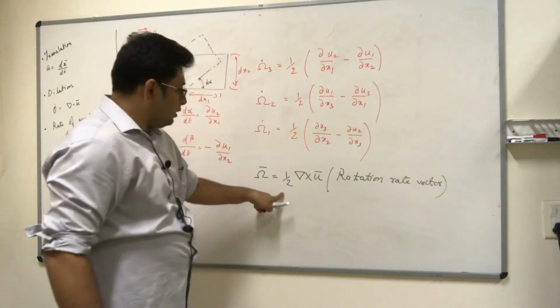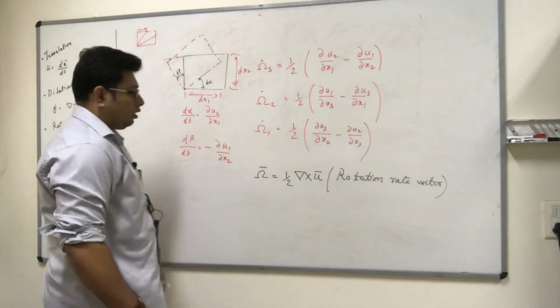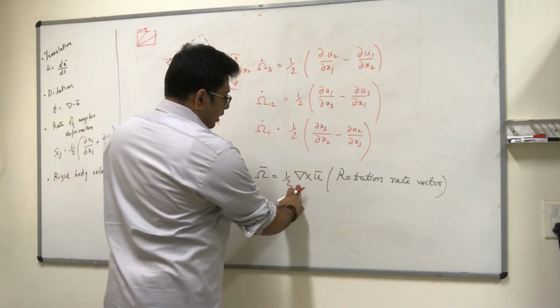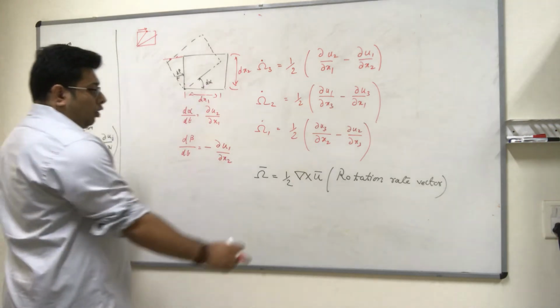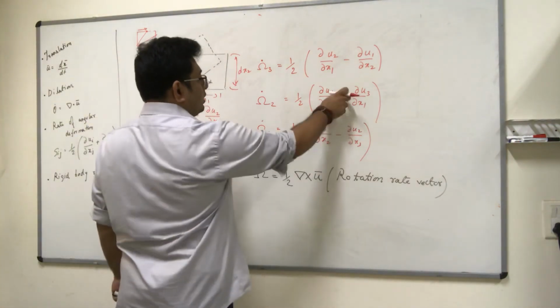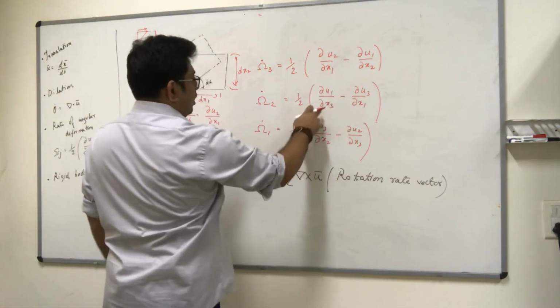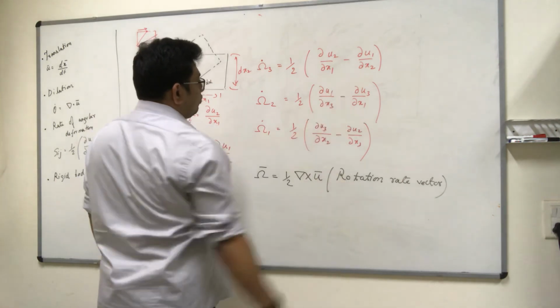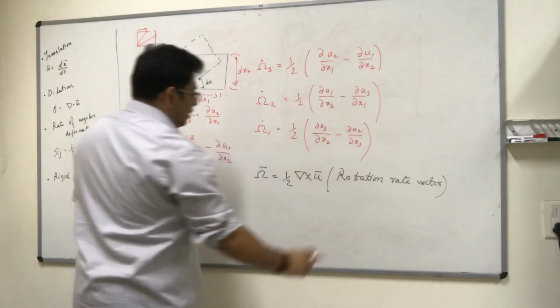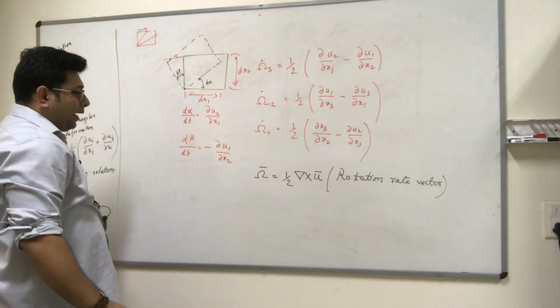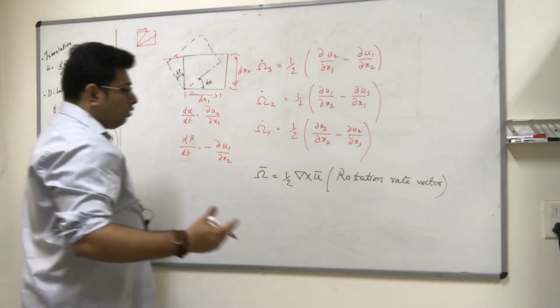Okay, and this is defined as half of nabla cross u. So this is a cross product, and that is why these come like this. If you do this cross product, you should come up with all these different terms. Now in fluid mechanics we have something called vorticity.